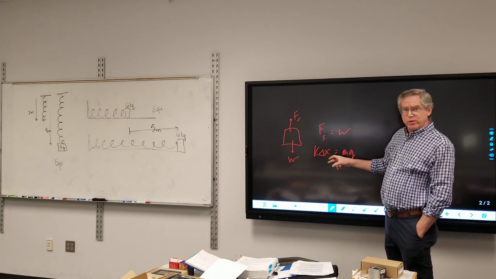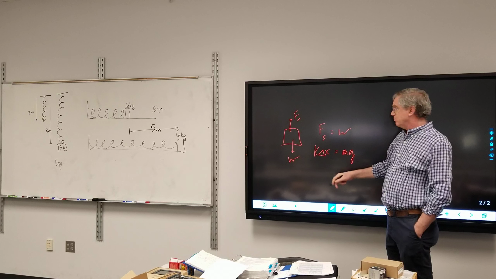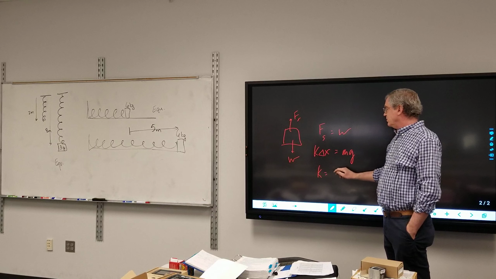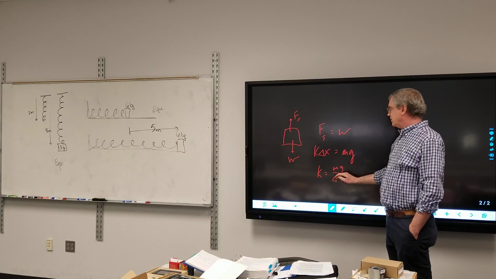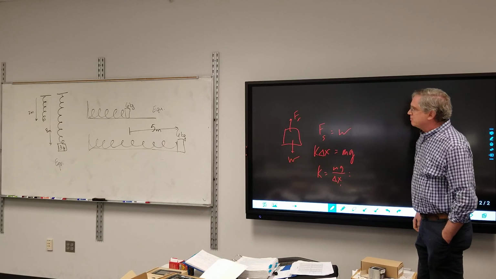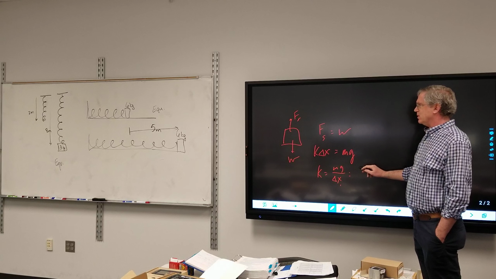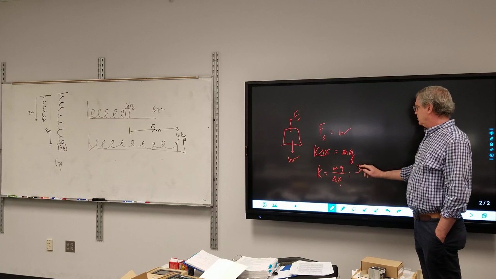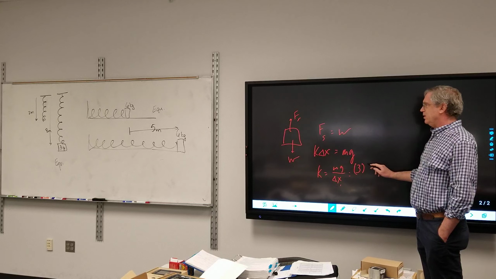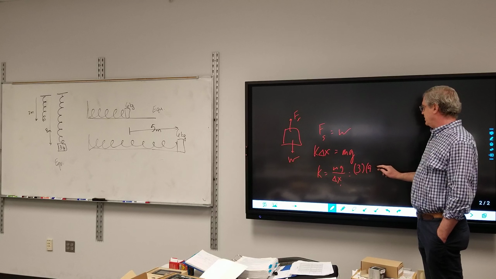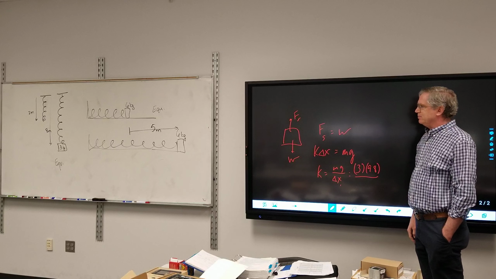So I'm not quite sure if you were thinking of this formula or the next one, Jack, but K therefore is mg divided by delta X. And let's not put this on Earth 2, let's keep it here. Some generic place on Earth 1. So at 3 times 9.8 divided by.